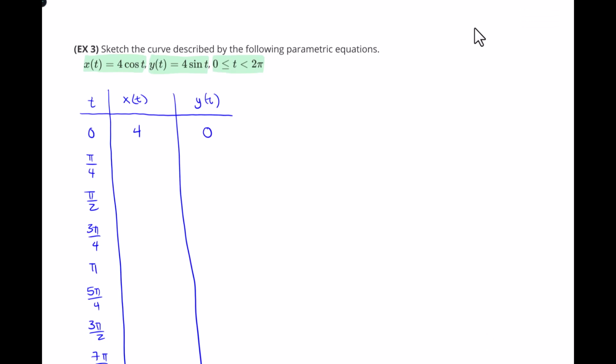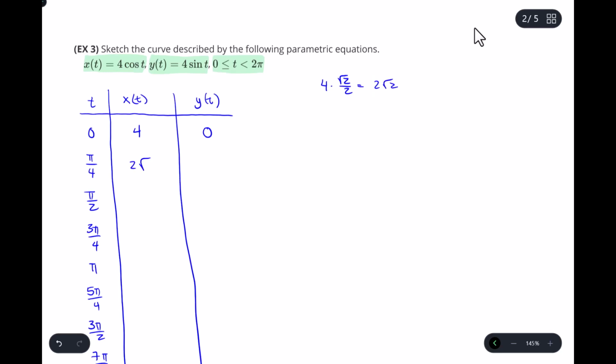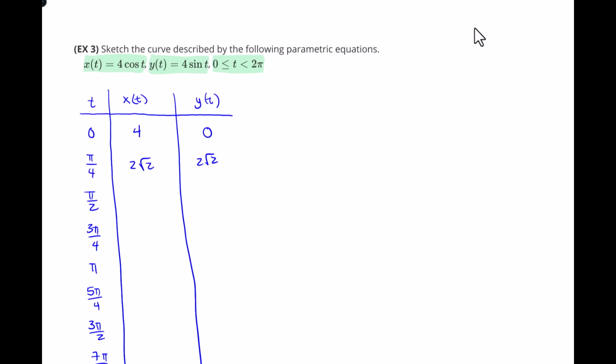It's square root of 2 divided by 2. If I multiply 4 times the square root of 2 over 2, I just get 2 times the square root of 2. So each of these are going to be 2 square root of 2. And then pi over 2 is another quadrantal angle. So cosine of pi over 2, that's where cosine is 0, and then sine is 1. So that would be 1 times 4, which is 4.